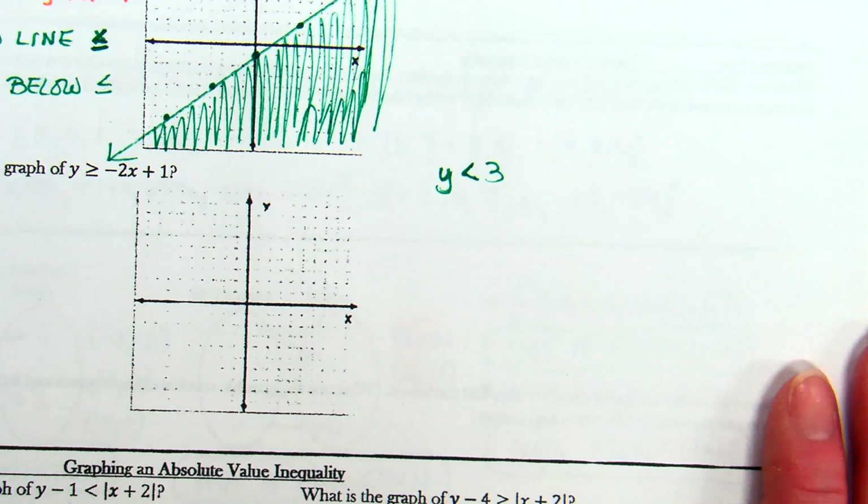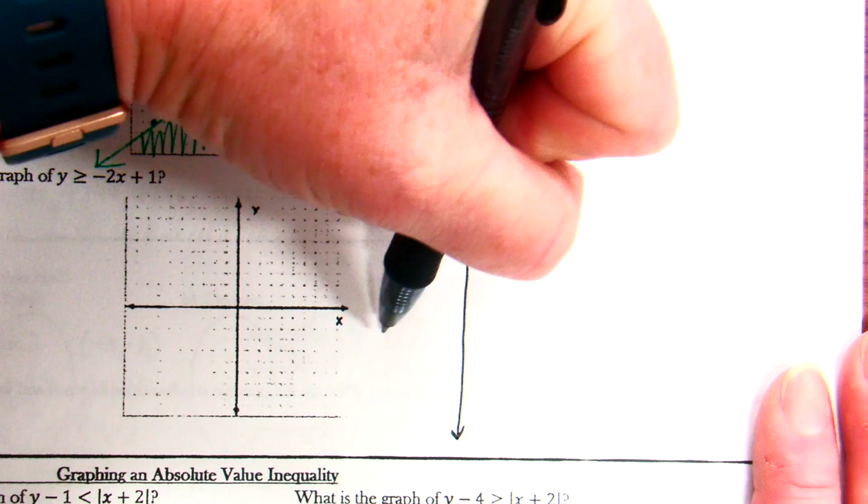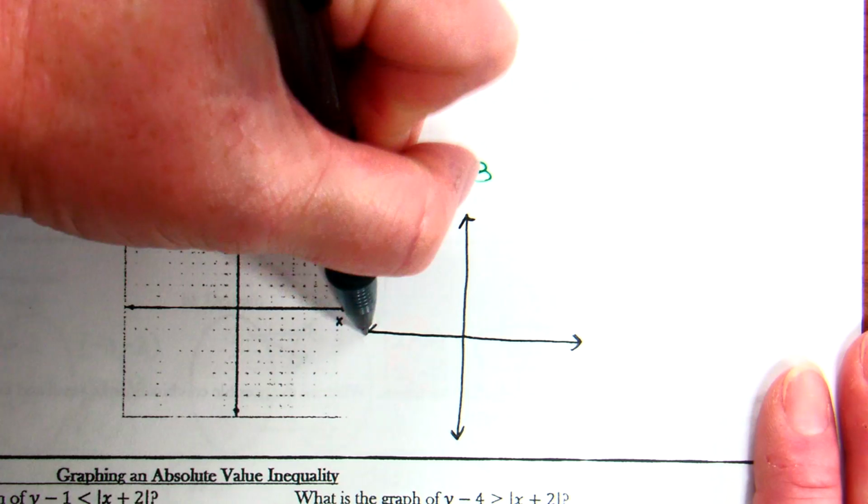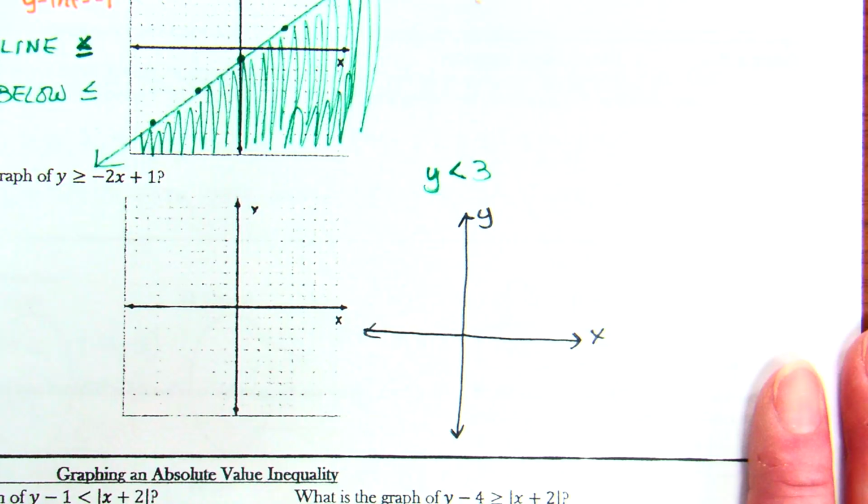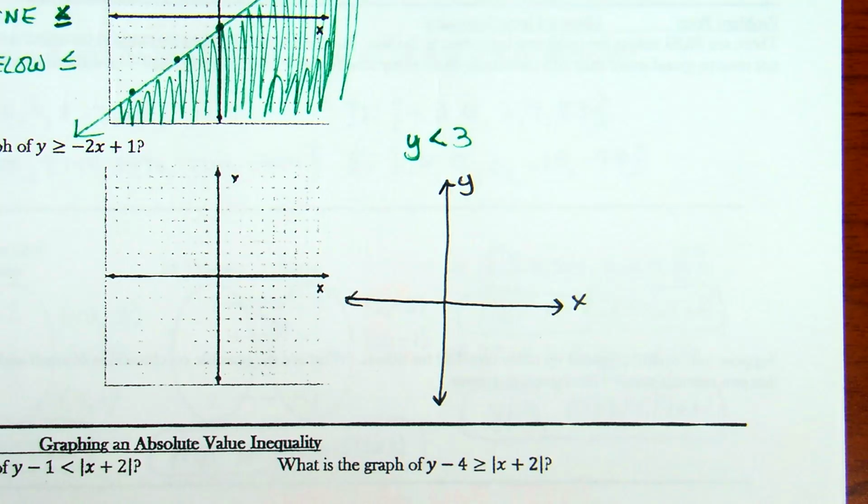So I'm going to sketch in an x and y axis right here. You can use C if you want. Okay. I'm not using C. And I have one more graph I'm going to add in too. So, y less than 3.